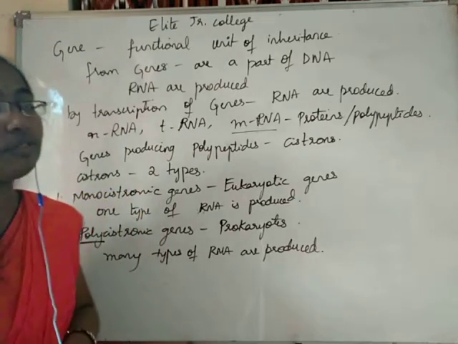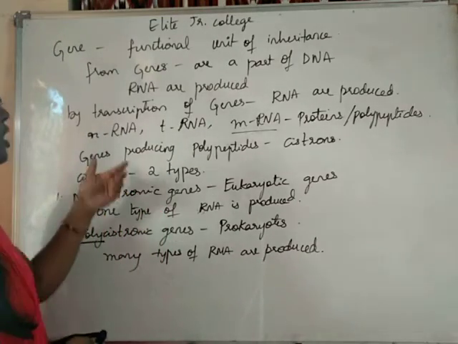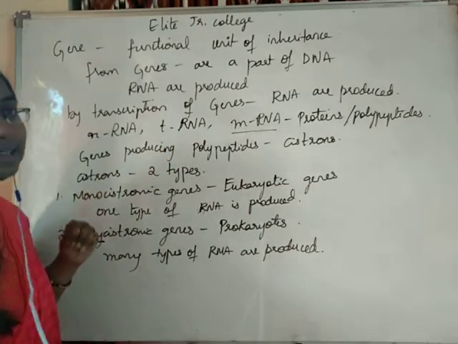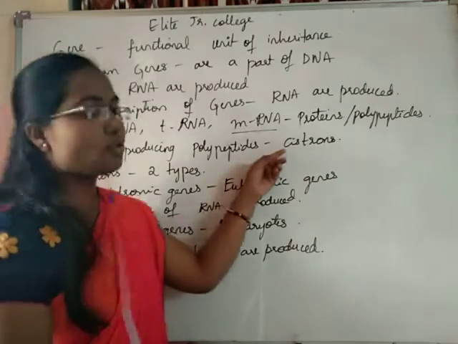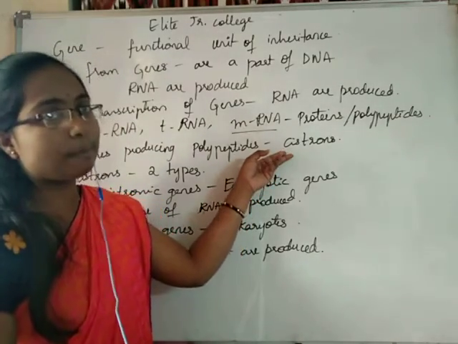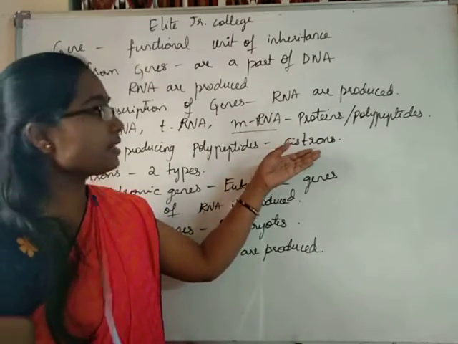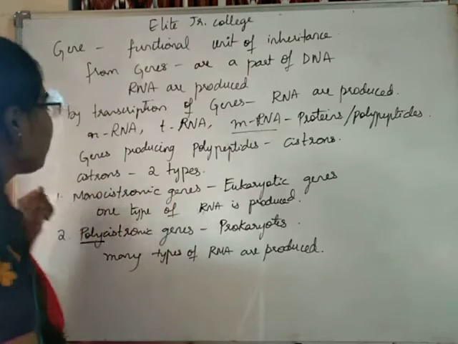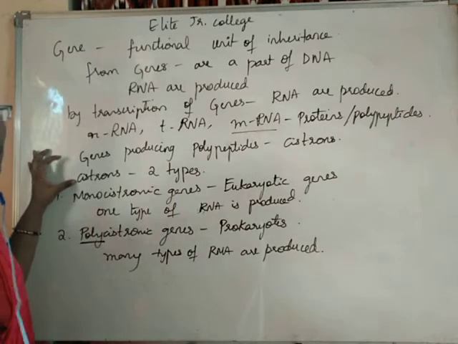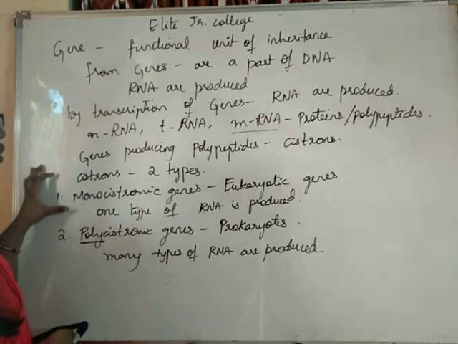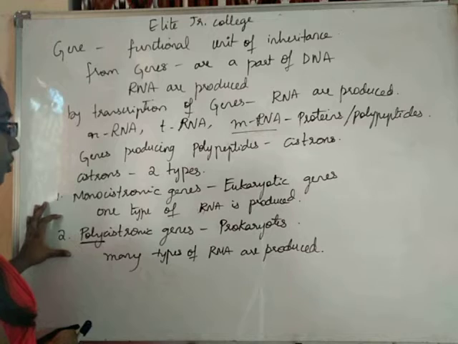The genes producing polypeptides are called cistrons. Cistrons are of two different types, monocistrons and polycistrons.